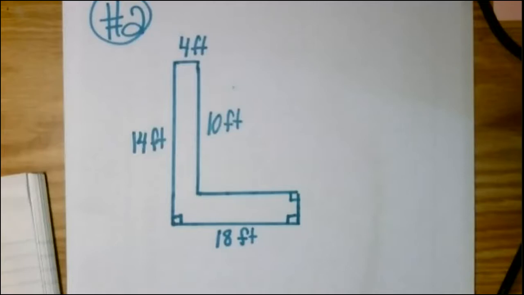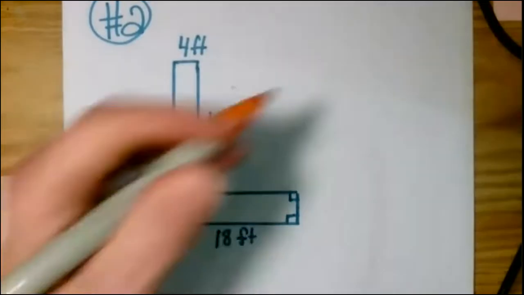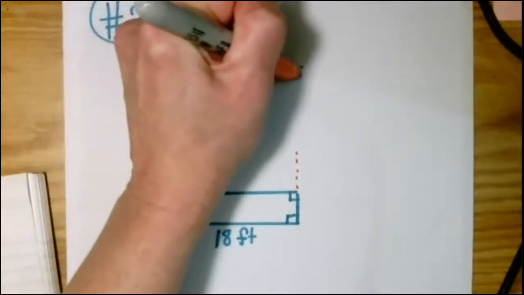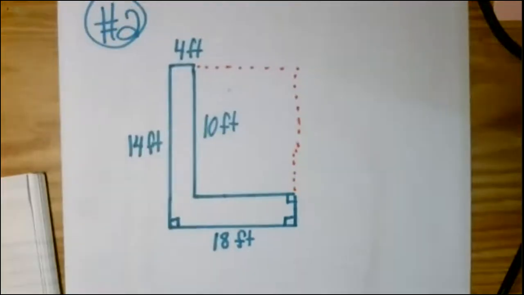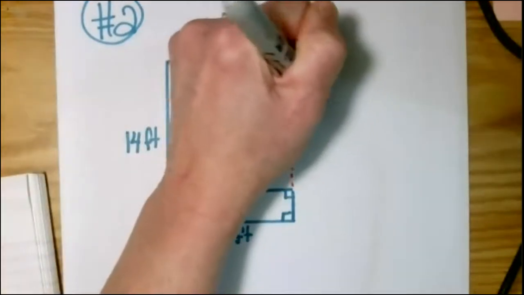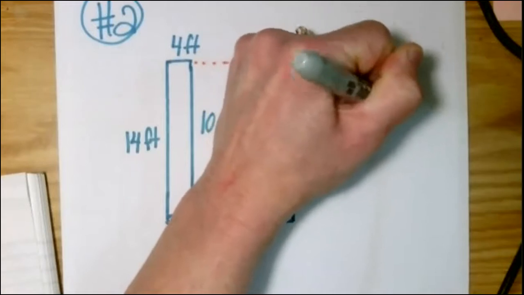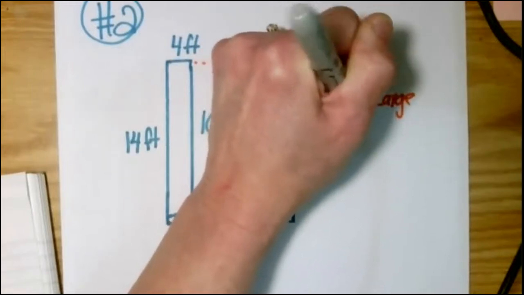So instead, what I'm going to do is I'm going to make it into a whole big rectangle. And now I can find the area of the large rectangle. So area of large rectangle.